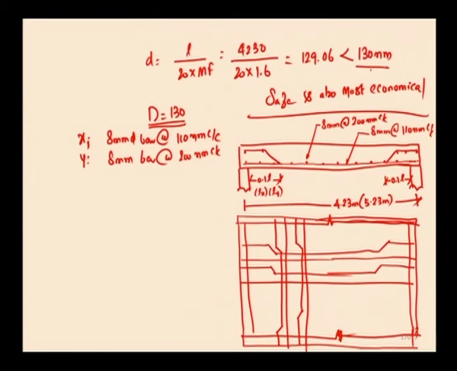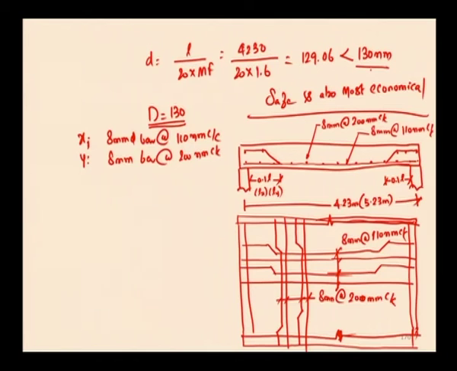That is all. This one is 8 mm at 110 mm center to center, and this one is 8 mm at 200 mm center to center. This is the arrangement of reinforcement or the detailing of reinforcement as per SP 34 for the two-way slab.